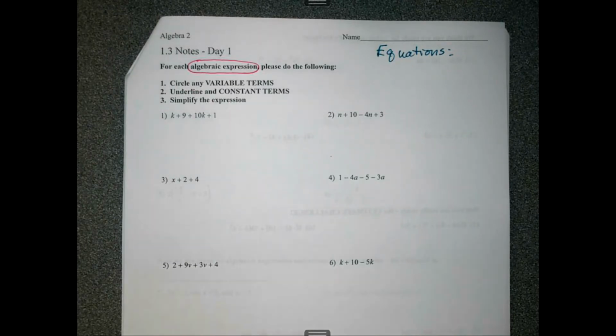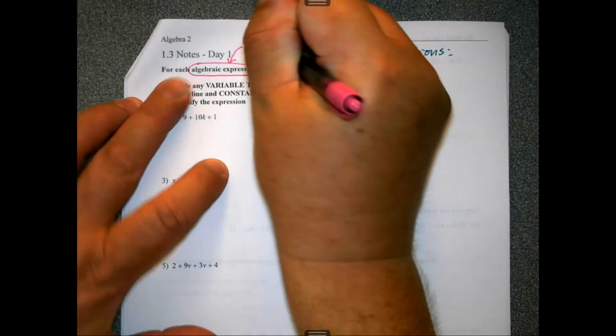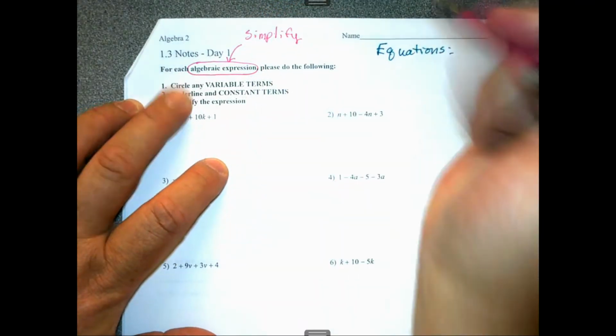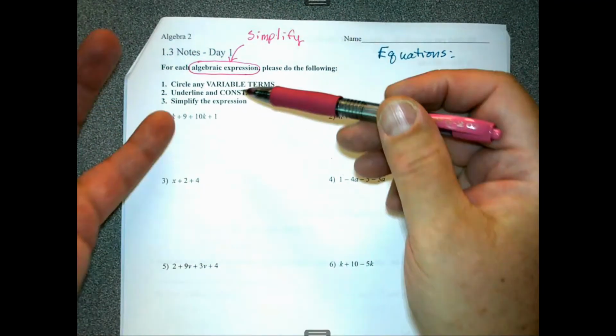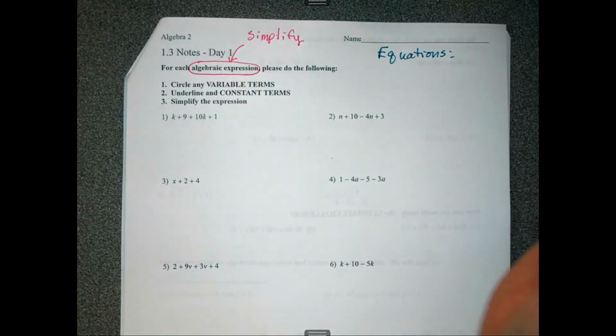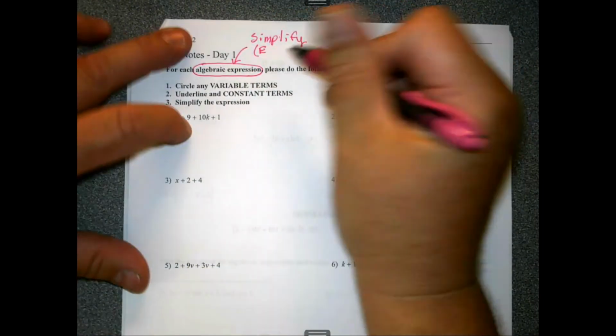So algebraic expressions, you simplify, or sometimes they'll give you a number to plug in, so you're actually evaluating some expressions, right? If they give you a number to plug in.